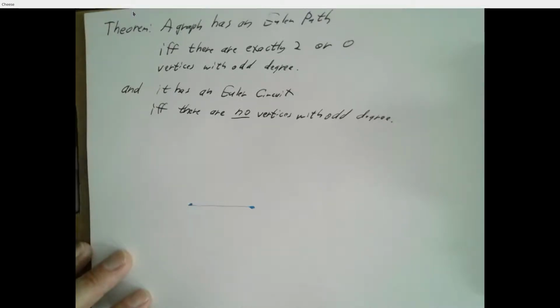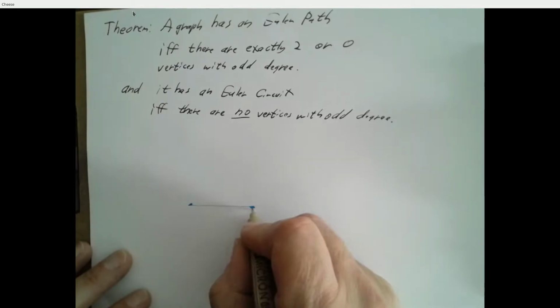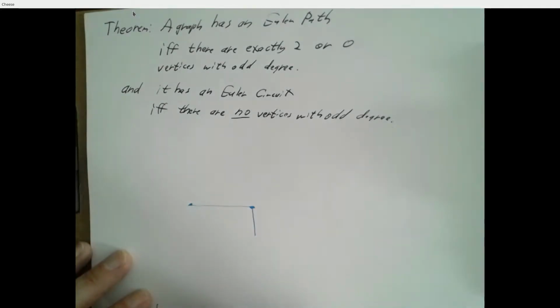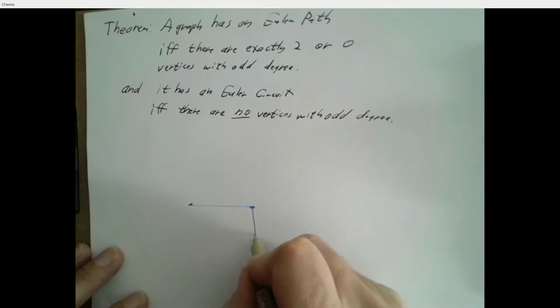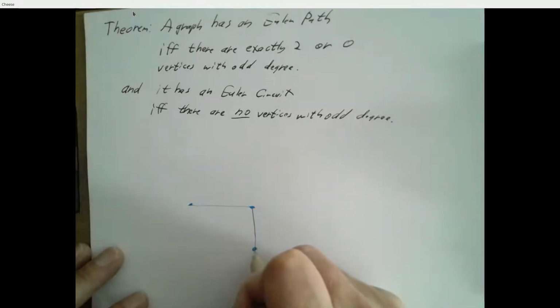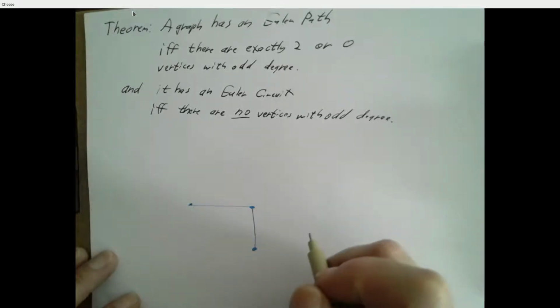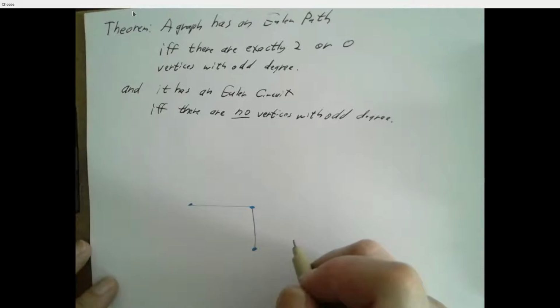If I add another edge, wherever I add it, the degree of that vertex is now going to be even. And where this ends, if it ends on a vertex that has even degree, it's going to become odd. This is hard to explain in words. Play around with it though.